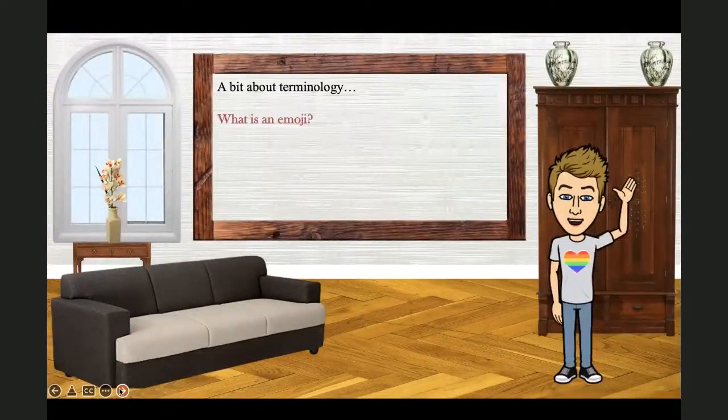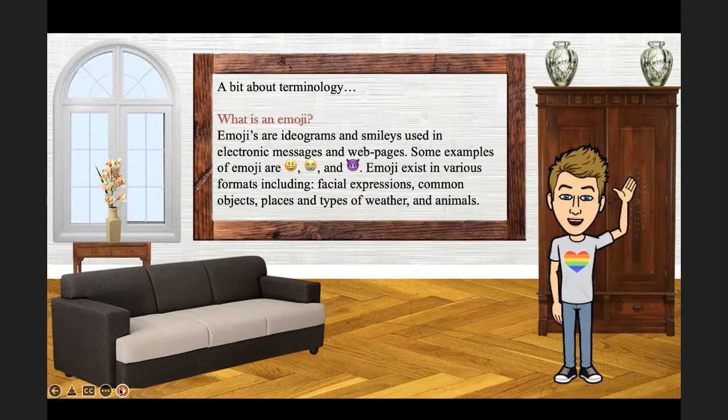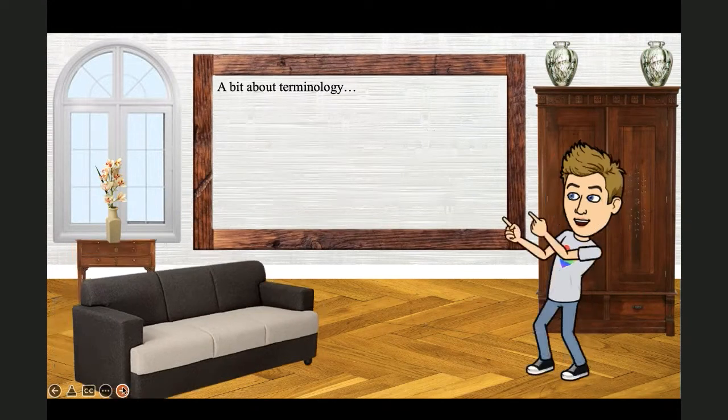So terminology, just to make sure we're clear, an emoji, everyone should know what an emoji is, right? It's just simply the things that you include in your text message and emails, little ideograms and pictograms, if you will, that help show emotion. Bitmoji, on the other hand, is the little cartoon character right there.